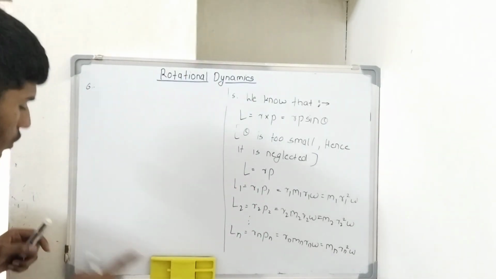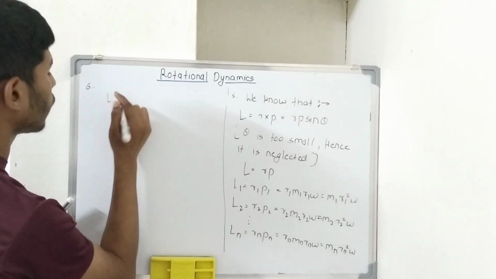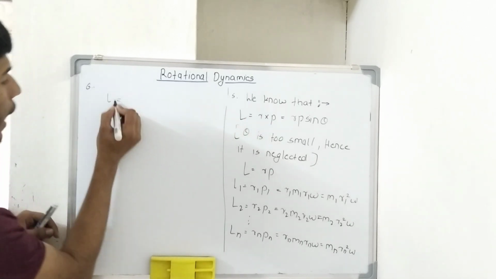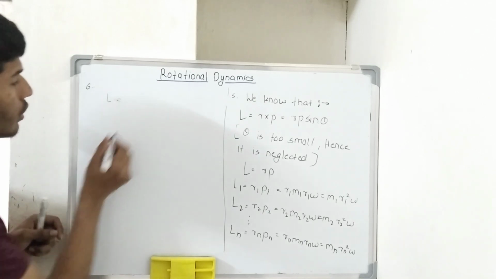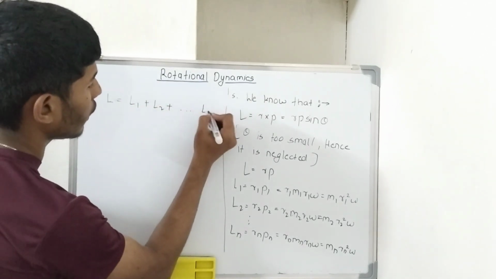So we can write the magnitude of the angular momentum as L1 plus L2 plus till Ln.